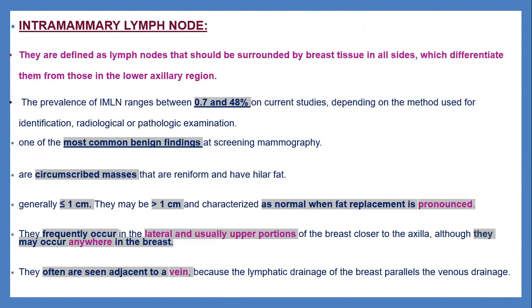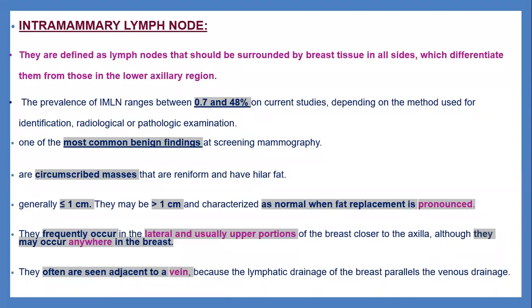It is the most common finding on screening mammography, seen as circumscribed masses, reniform or oval, having a fatty hilum. Usually it is 1 centimeter or less, but it can be larger than 1 centimeter and still be characterized as normal when fat replacement is pronounced. When we appreciate a good amount of fat, we are confident to say this is a normal intramammary lymph node.